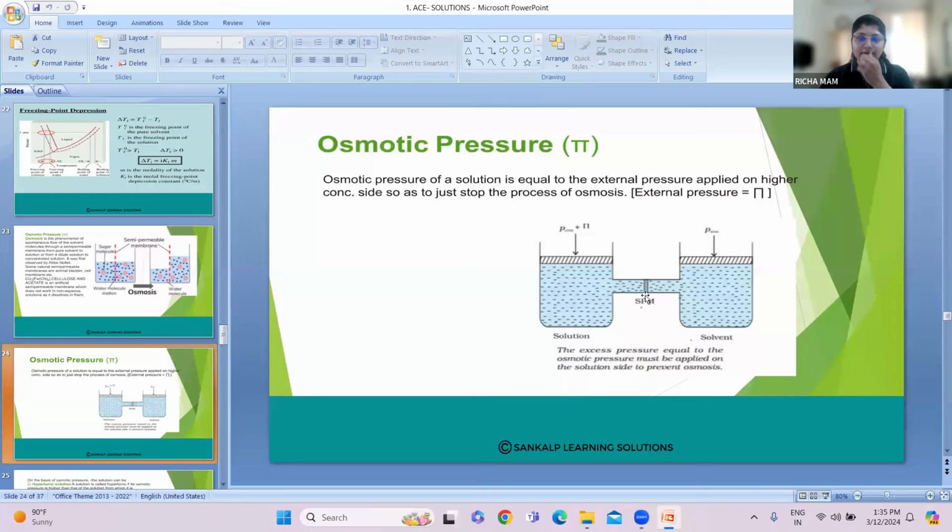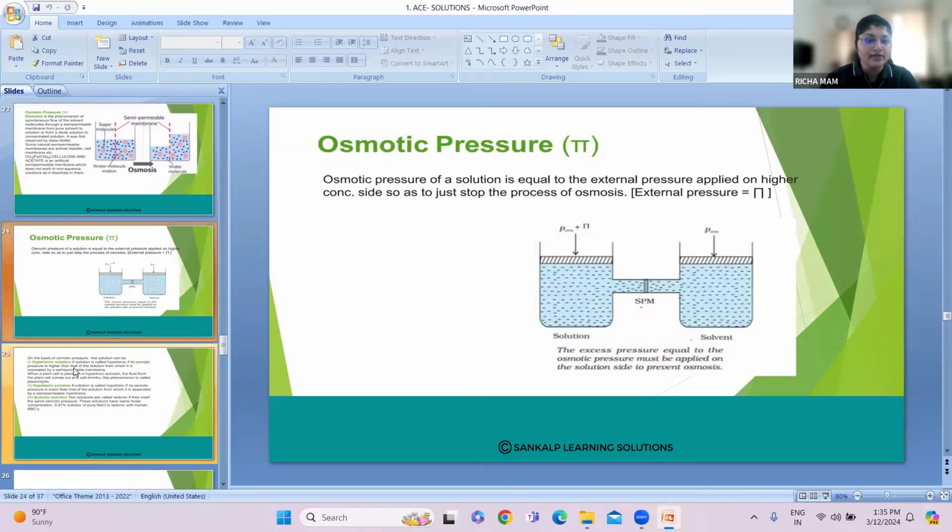It is applied on the higher concentration side so that the osmosis taking place can be stopped. So this external pressure, the osmotic pressure, is denoted by the symbol pi.